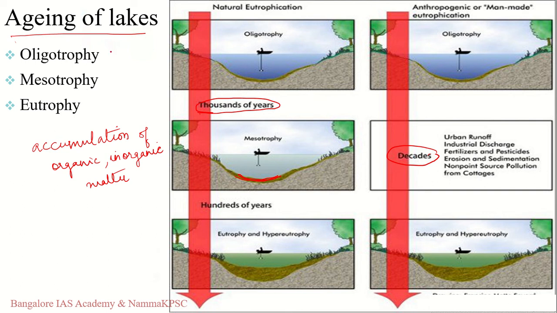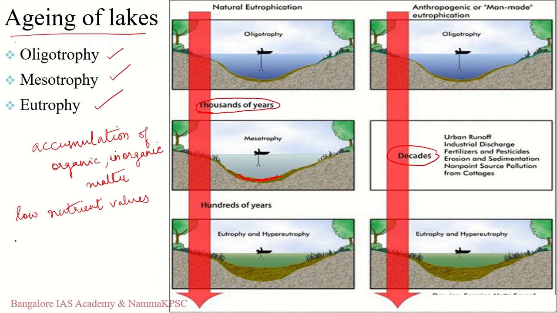The three phases of a lake are referred to as oligotrophy, mesotrophy and eutrophy. Now, oligotrophic lakes are characterized by low nutrient values, which limits the lake's ability to support animal life.